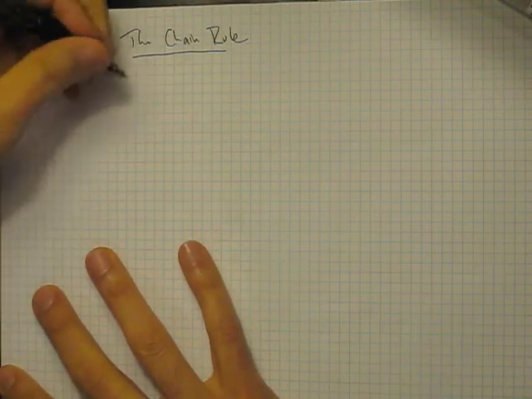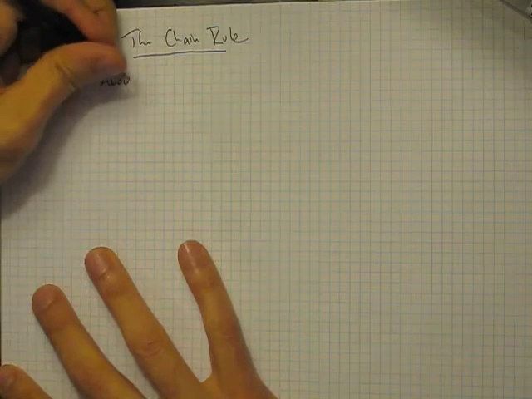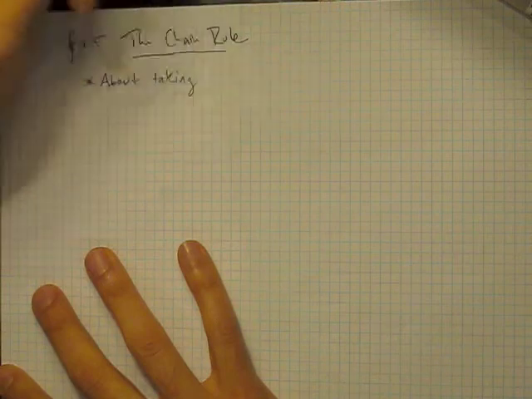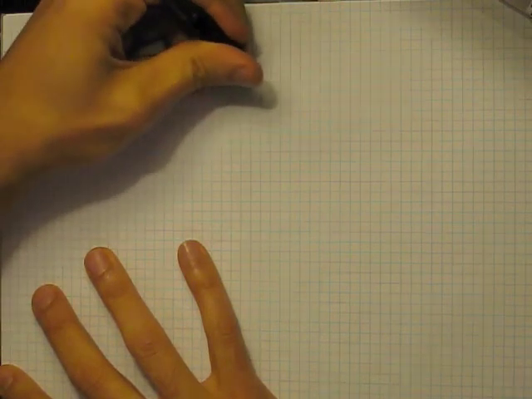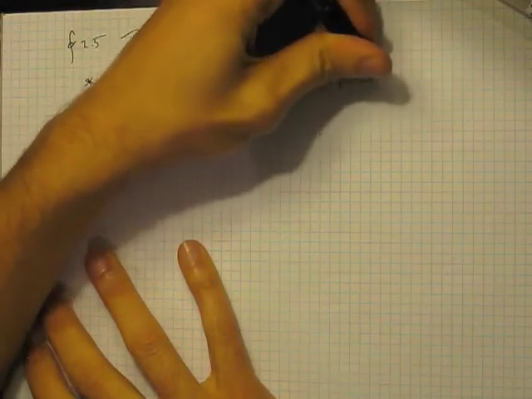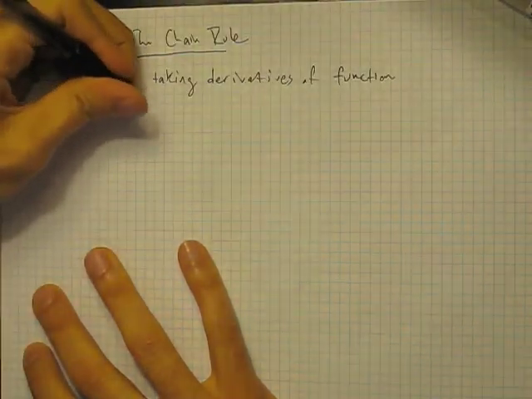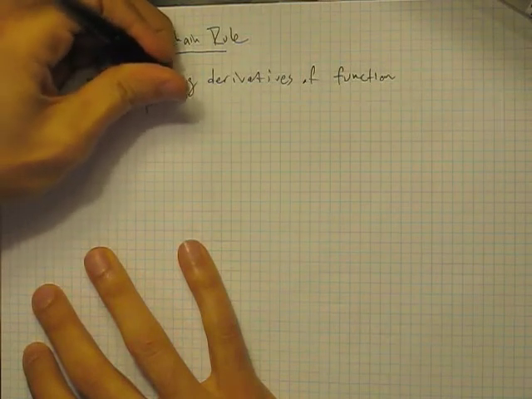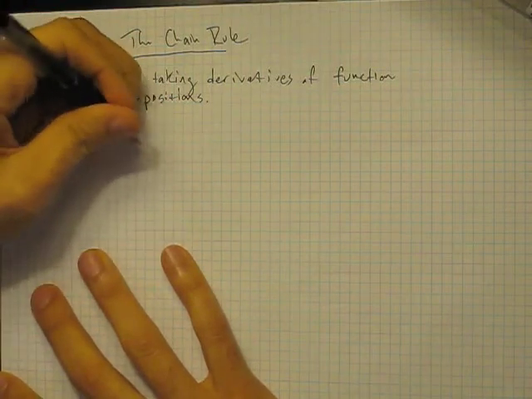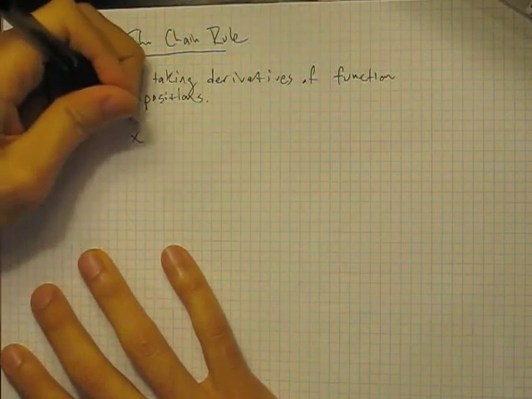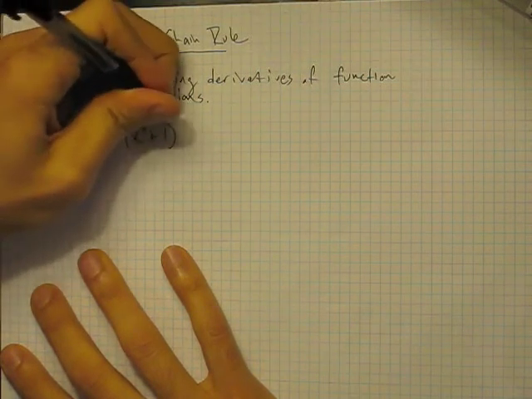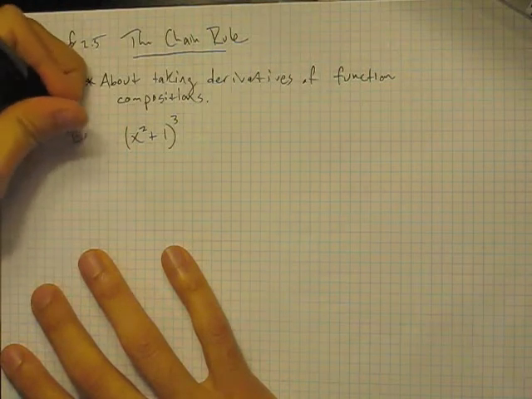The chain rule is about taking derivatives of compositions of functions. Let's take a look at an example of this, something simple: x squared plus 1, cubed.